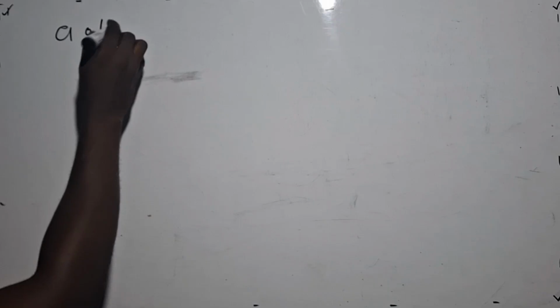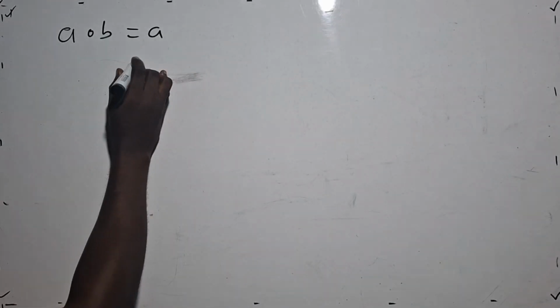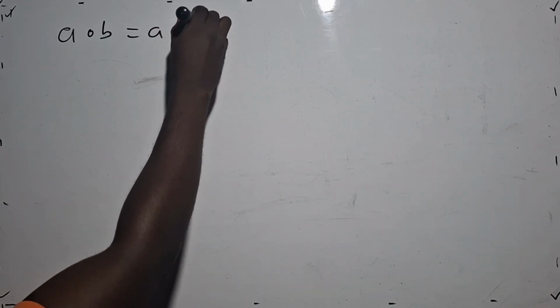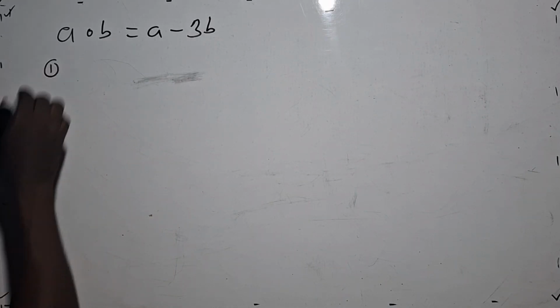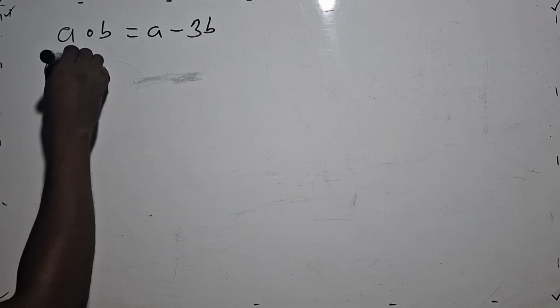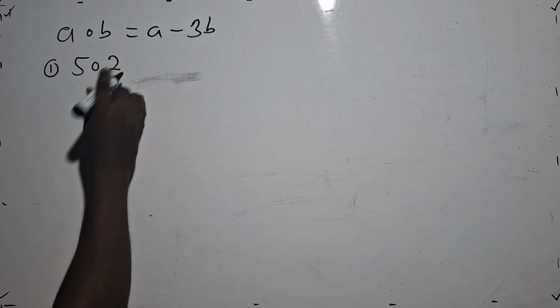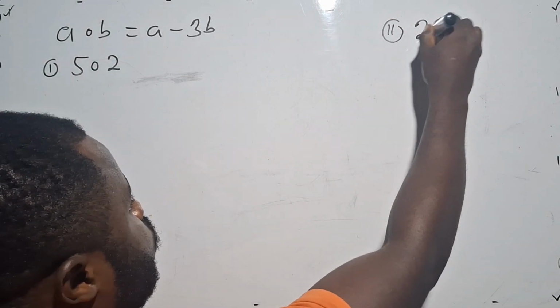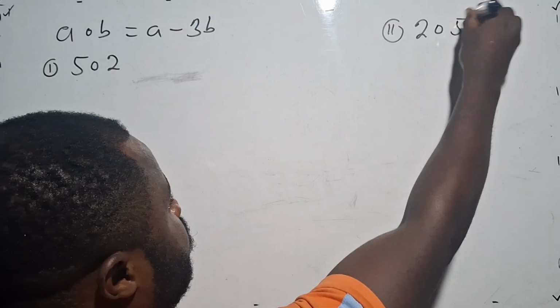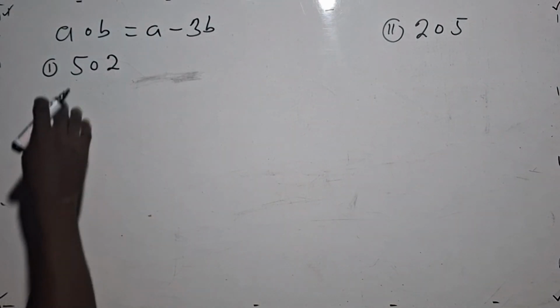The operation was given as A operation B is equal to A minus 3B. The I was given as 5 with the operation 2, then the II was given as 2 with the operation 5. So we are going to solve.